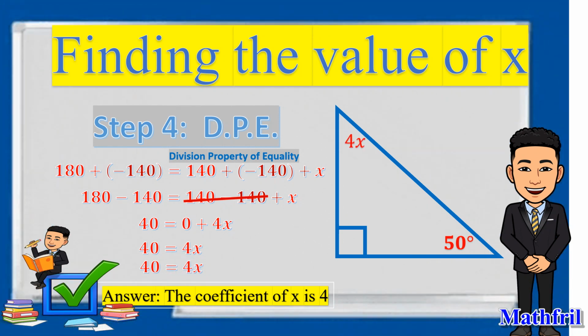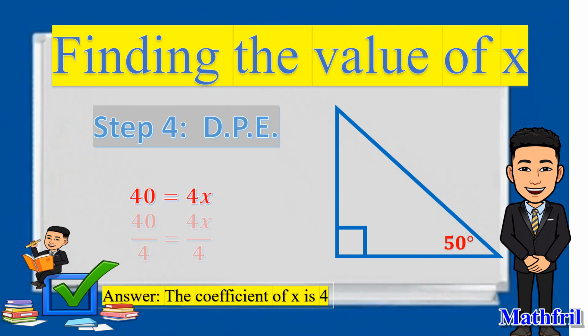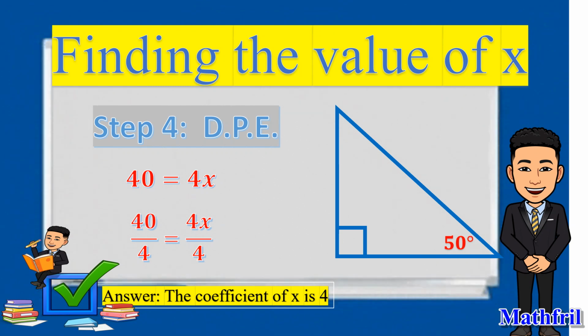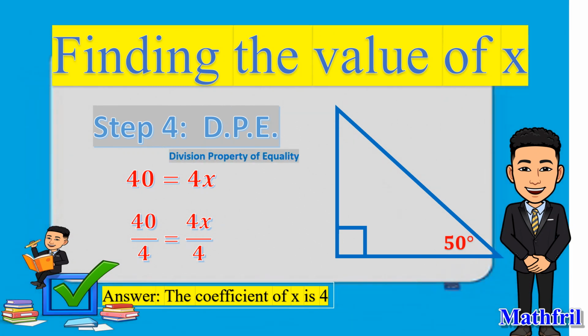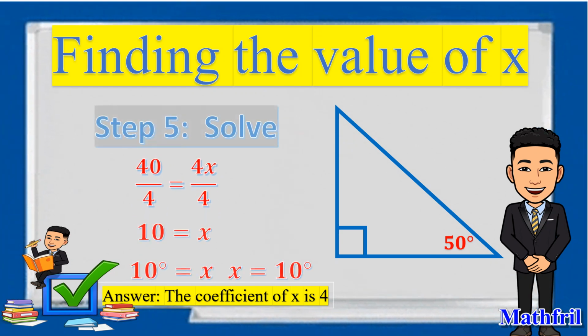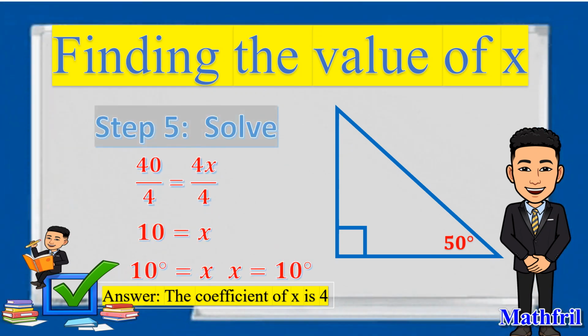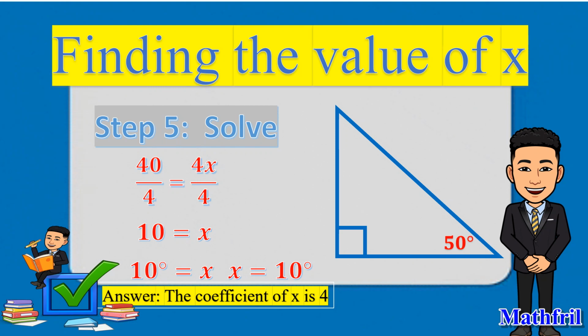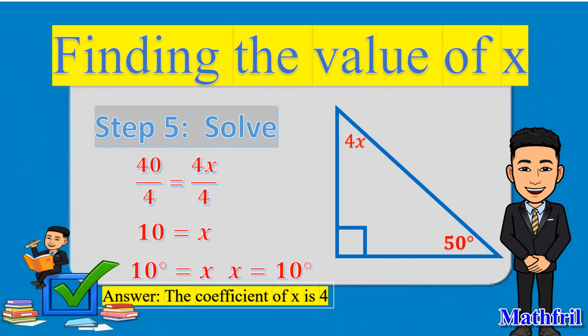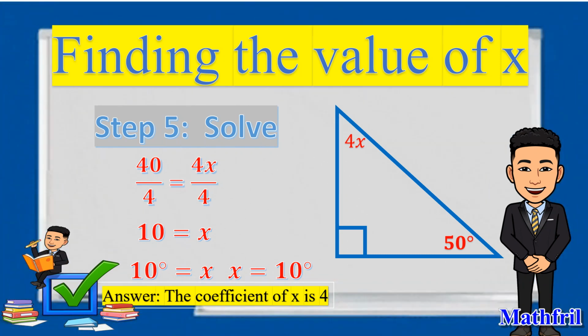So with that, we'll use the 4, and we divide both sides by 4. By dividing, you get the result, which is 10 degrees. And there you have it. We have already solved this one by dividing both sides by 4. The coefficient of x is 4. That's the idea there.